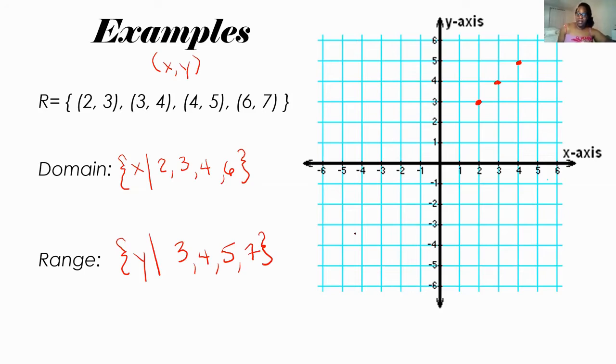So if I have a line that's going straight up or down, okay? If I move this line over, it should only hit one point at a time. If it hits more than one point at a time, it is not a function. It's a relation, but it's not a function, okay? So a relation is the set of your ordered pairs. But a function is when you have particularly one X with one Y, okay?